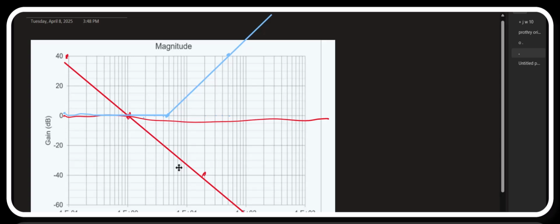So for my composite, I'll start by adding together the numbers I get from my constant, which was 0, and my poles and zeros through the origin, which was 40. So I'll start at 40. And then I look at the slopes I have. To start off with, the only slope I have is negative 40.